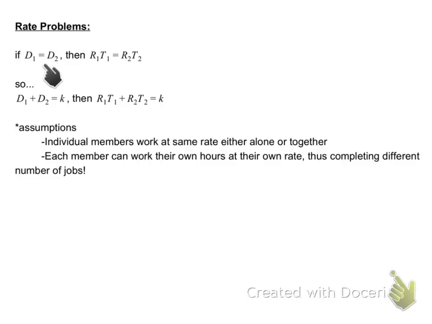So if the distances are the same, then the rate and the time from one trip should equal the rate and the time of the second trip. They eventually should even out to the exact same distance, yes? Yes. You could be going faster on the first trip, but your time would be shorter than the second trip. That makes sense.